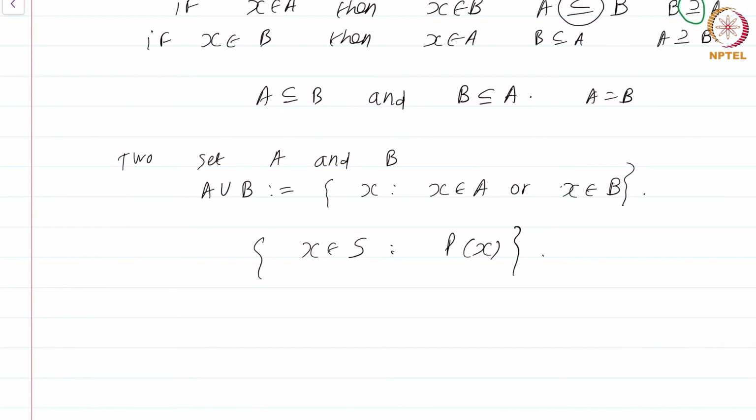Now, what set is the property that we are considering in the definition of the union defined over? I have defined A union B as a set of all x such that x is in A or x is in B. So belonging to A or belonging to B is the property, but it's not clear where the property is defined, which set the property is defined.